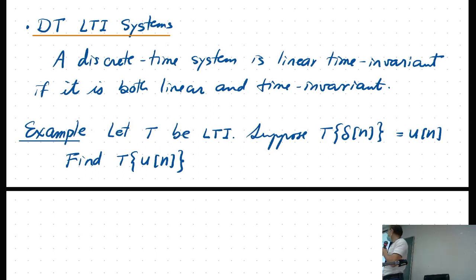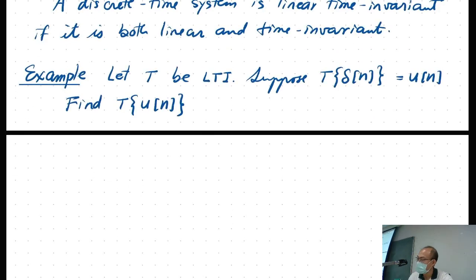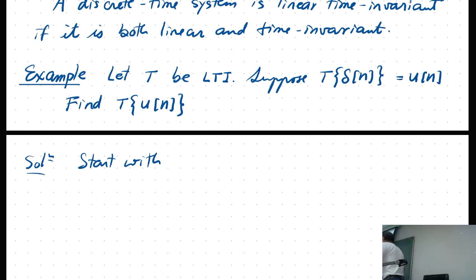Now, to solve this example, you have to use the properties of linear time invariance, obviously. First, to be able to use the linear time invariant properties, we have to figure out how to write u[n] as a function of delta.